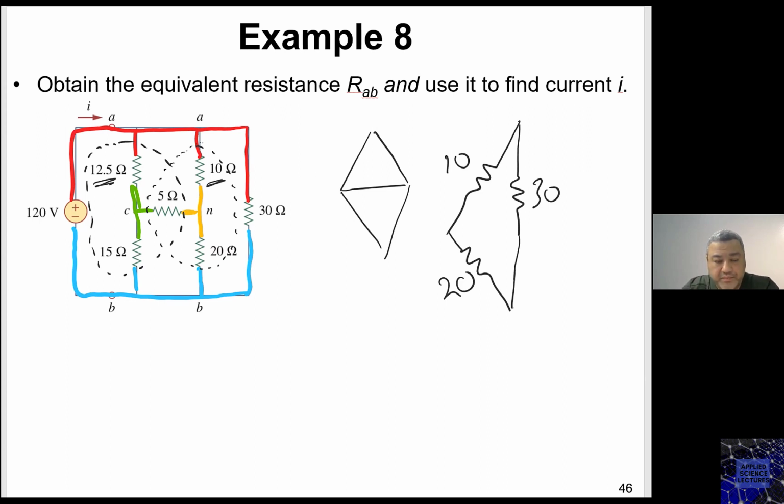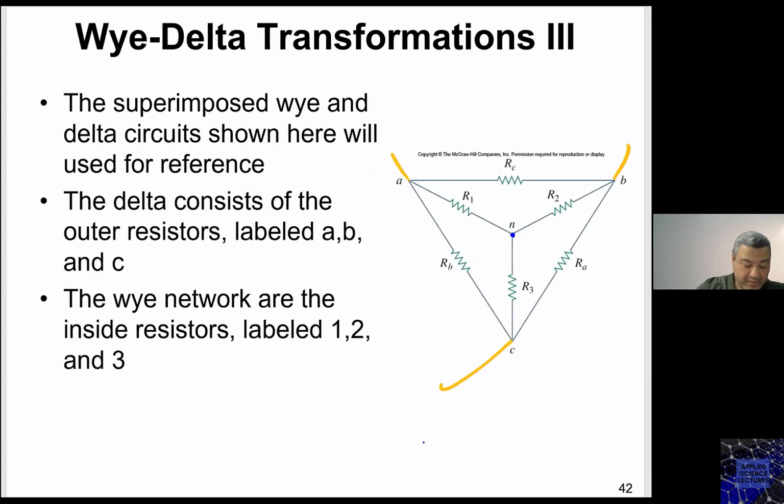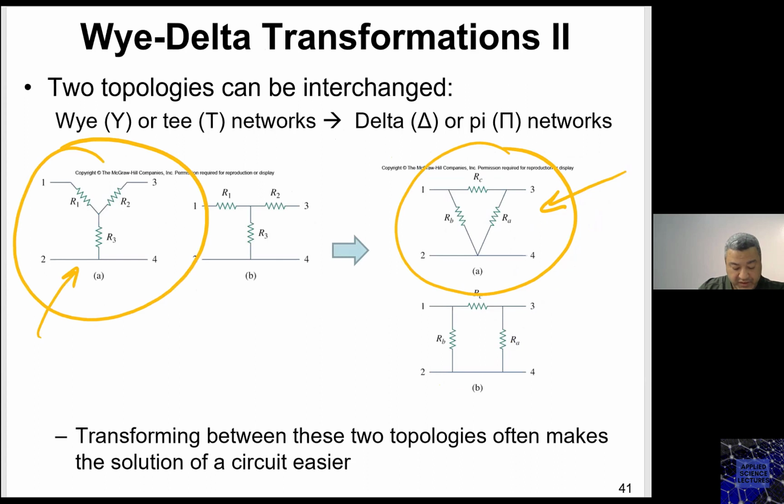So essentially, a T shape is equivalent to a Y. That's correct. And we've seen this one here. See that? So this is a T shape that is equivalent to a Y, and this is a pi shape that is also equivalent to a delta.